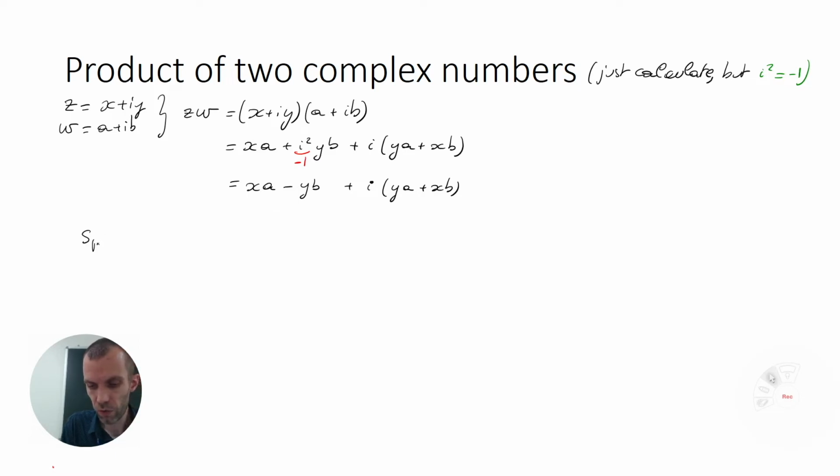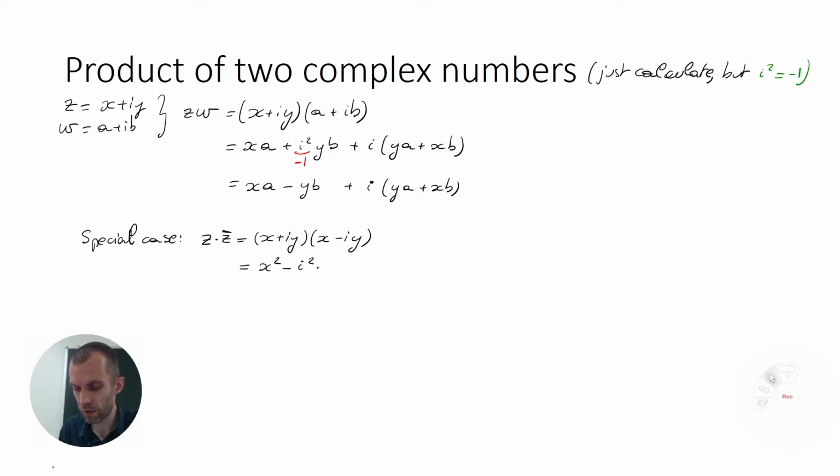So there's a useful special case that you should keep in mind because it will make a lot of calculations easier. If you take a complex number times its conjugate, you get x plus iy times x minus iy, and if you work it out, you get x squared minus i squared y squared plus i times xy minus yx.